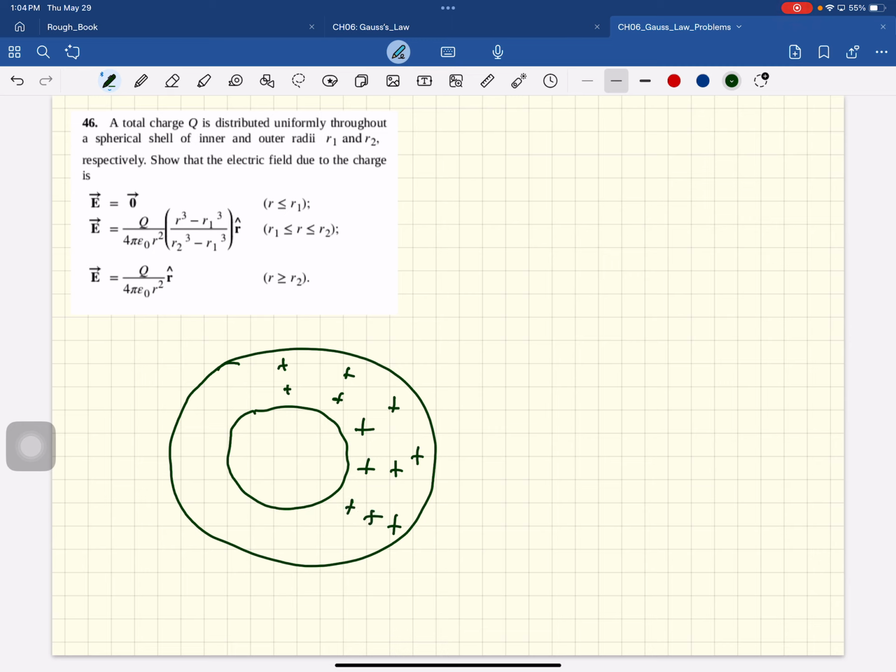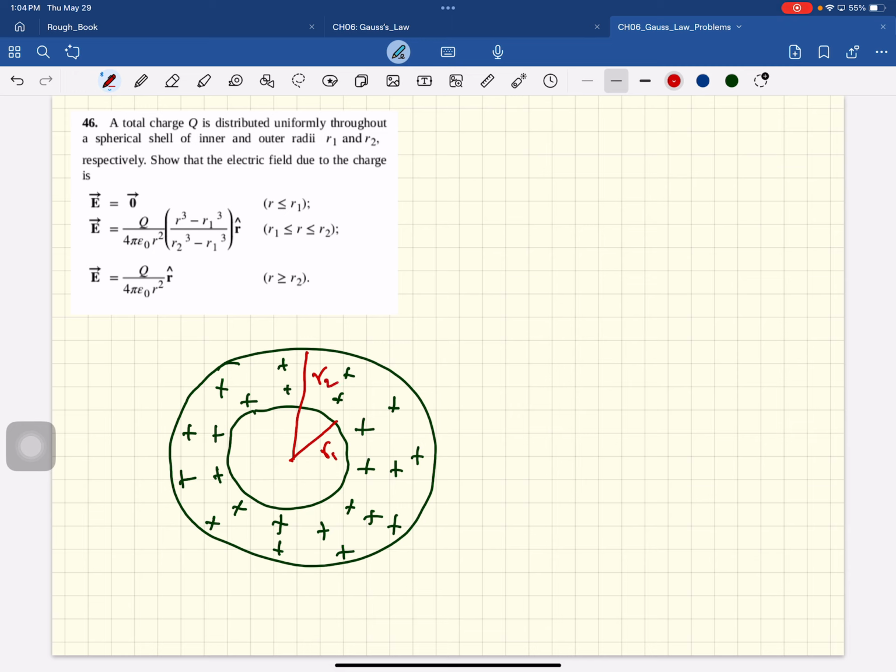An insulator. And you're uniformly distributing. And this is R1, R2.